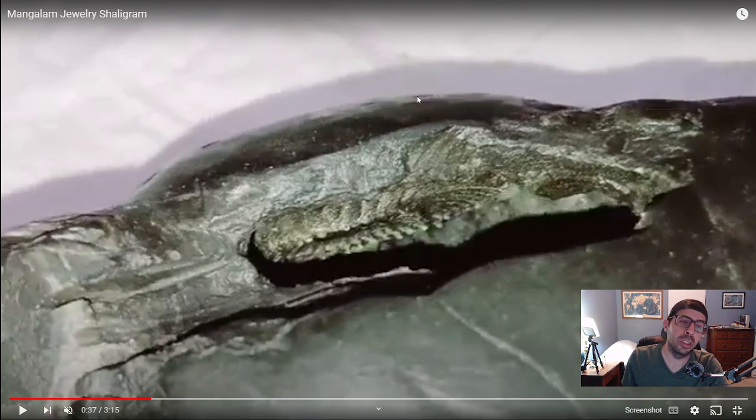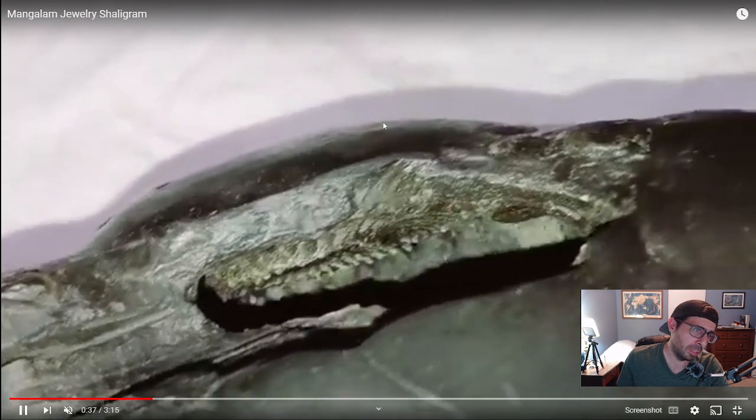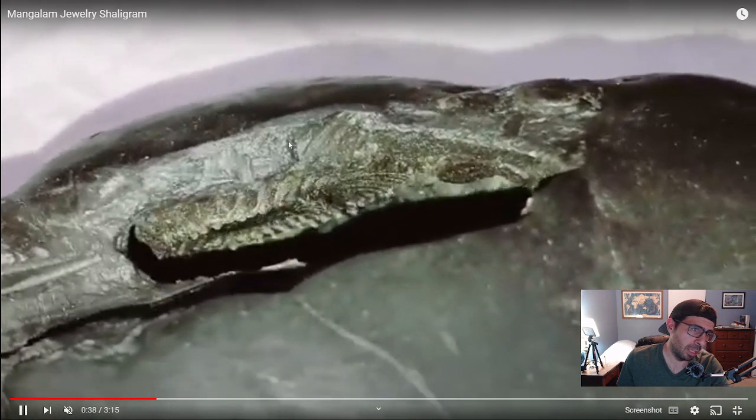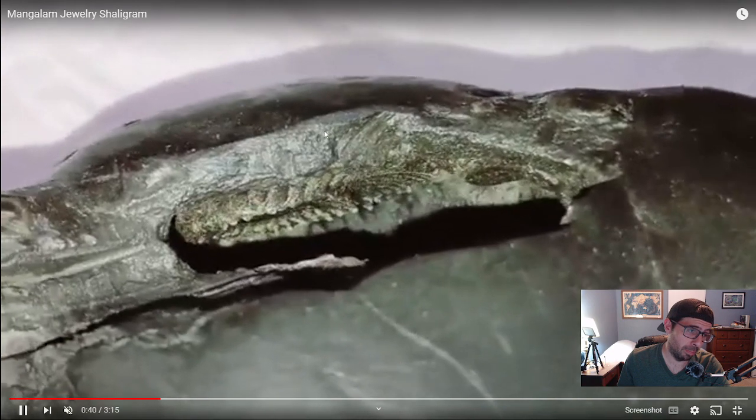If modern science wants to deny what I'm saying about this specific shallogram, they would say that's not an ammonite portion, and therefore none of that applies because it's not so defined that they can see it. But that's right there. And it's clearly a portion of an ammonite.